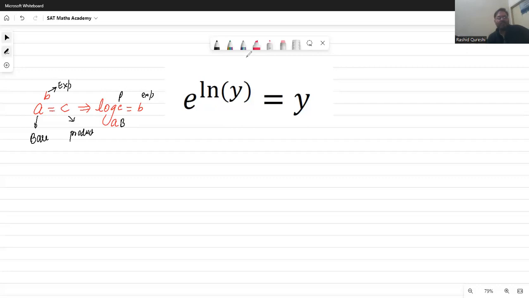Over here, I will use the green marker. So this whole expression, log natural of y, is called the exponent, this is called the base, and this one is called the product.